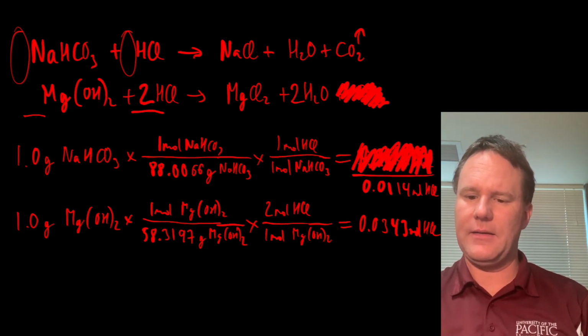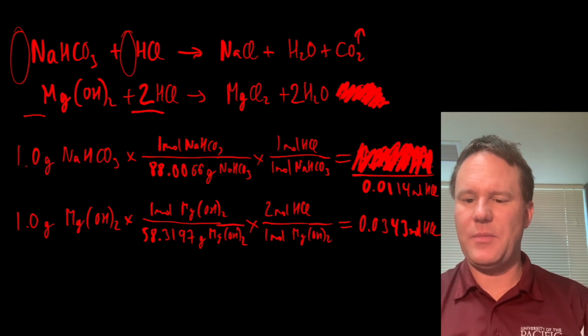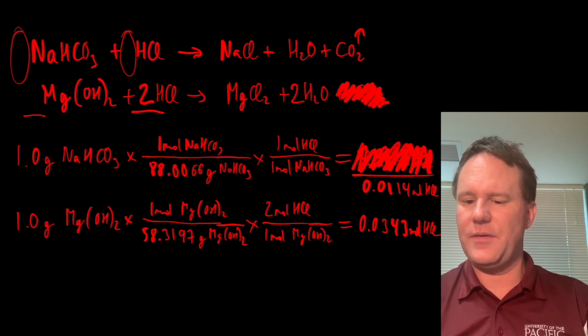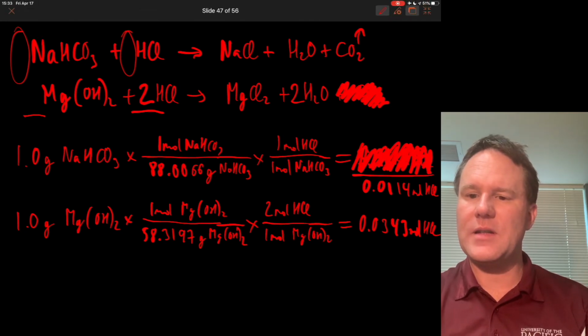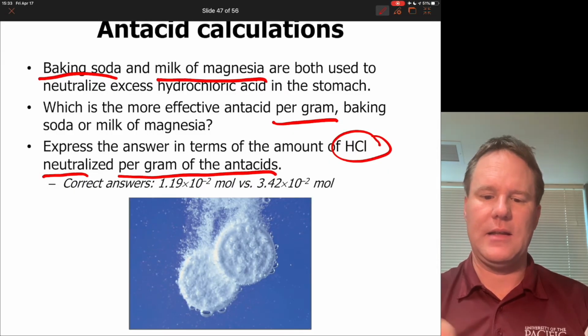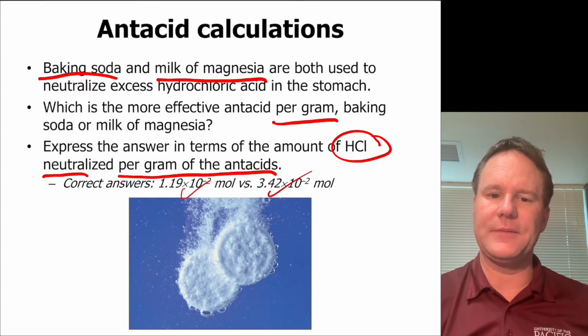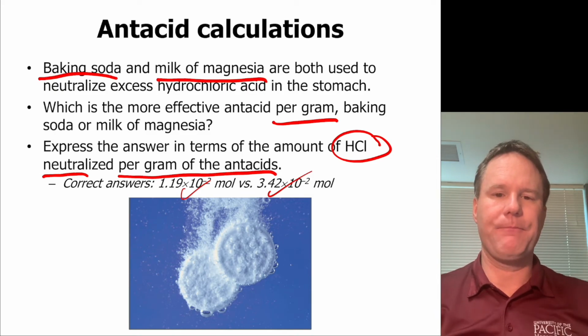I don't know what my calculator was doing. And so one reacts with 0.0114 moles and the other reacts with 0.034 moles. And if I close this, then that's indeed the numbers we should have gotten, at least after a while. Okay, nice. Now, what's next?